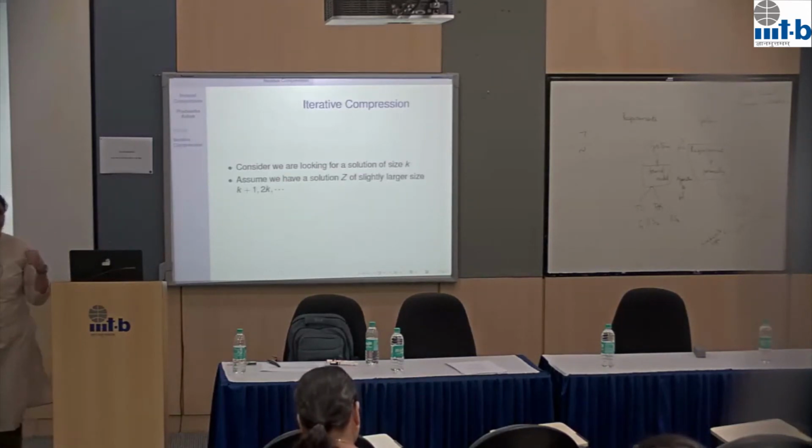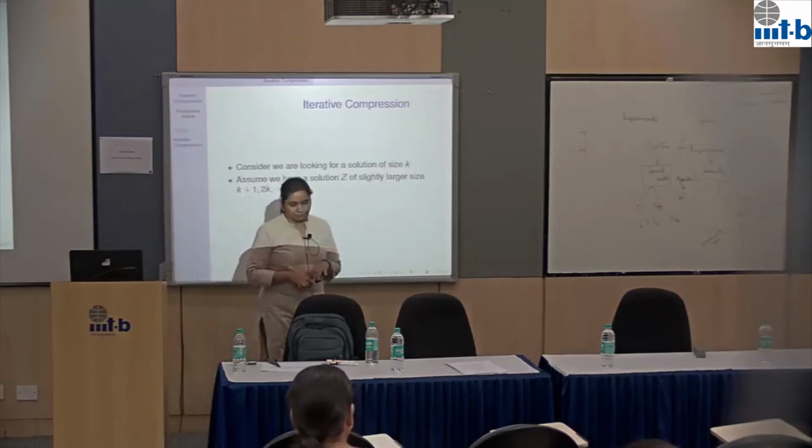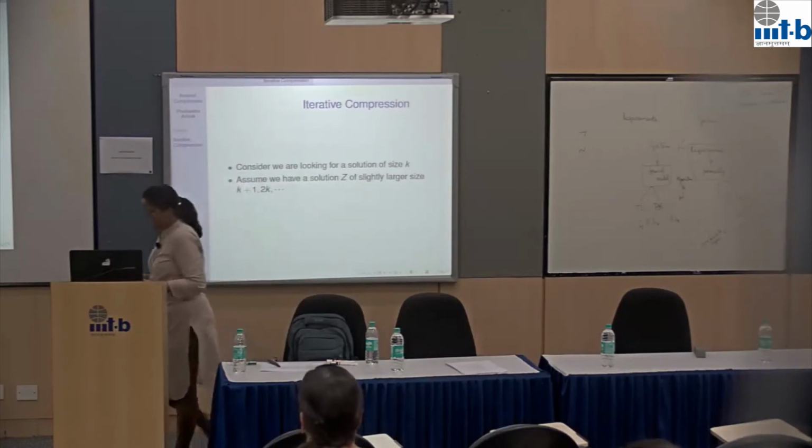You are looking for a solution of size k, and I am giving you for free a solution of size k plus 1, or even 2k, or some function of k will do. So it's not exactly what you are looking for, but it is somewhere there. It's near to what you are looking for. It's marginally better, it's marginally worse. So what will you do?